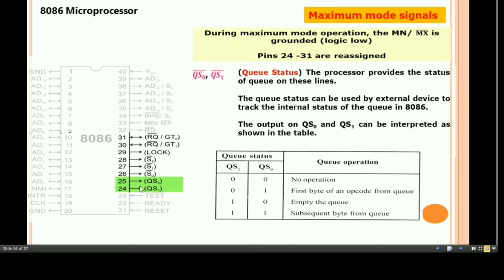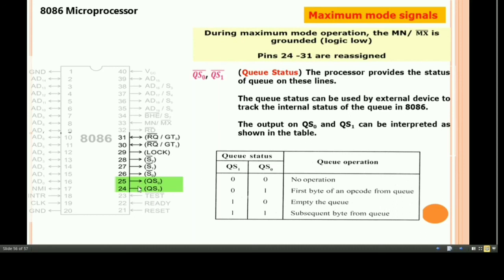The processor provides the status of the Q on these lines. The Q status can be used by an external device to track the internal status of the Q in 8086. So the status of the Q can be tracked by the external device by observing these two pins.